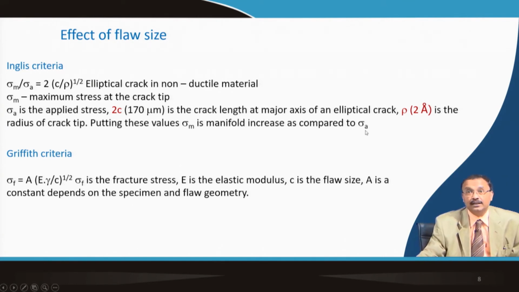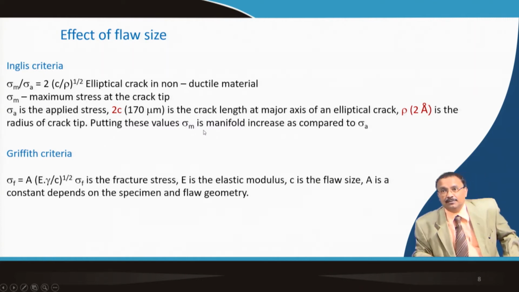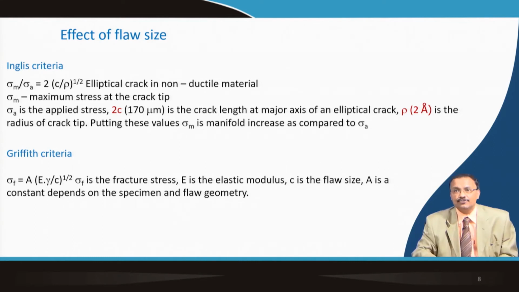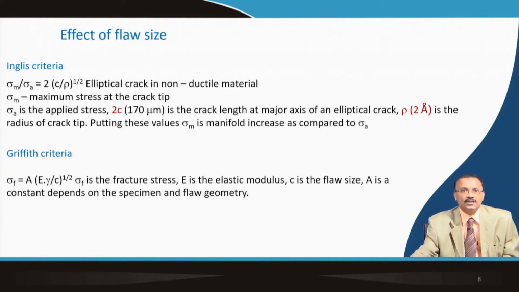And if you take a sharp crack with the value of rho about 2 angstrom, then you can see that this stress concentration is manifold increased as compared to the applied stress, and that is one of the reasons why, if a crack or void is present in the ceramic, it fails at a stress much lower than the theoretical strength. Something similar to this is the Griffith criterion, which I have already described, with some similar expression.